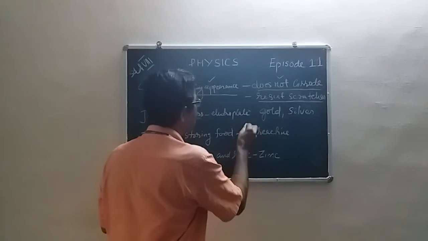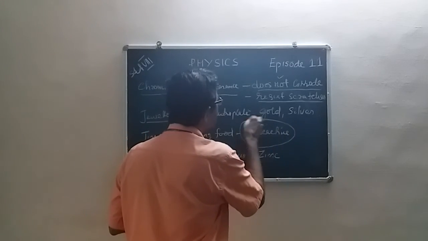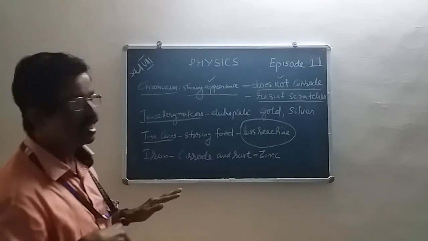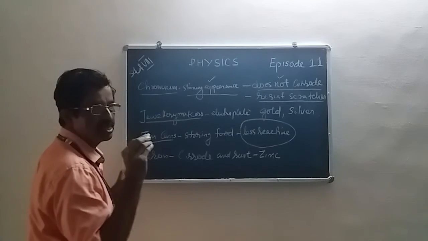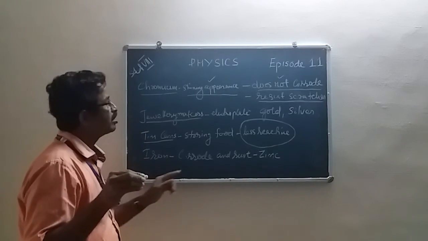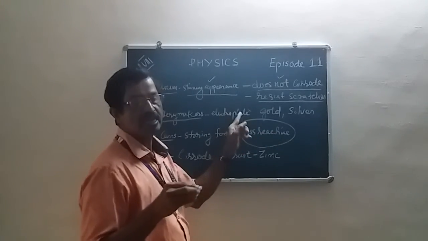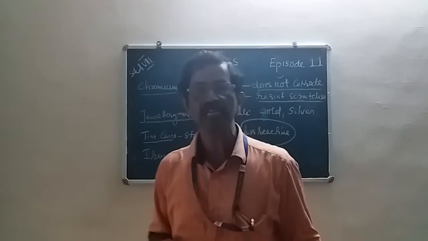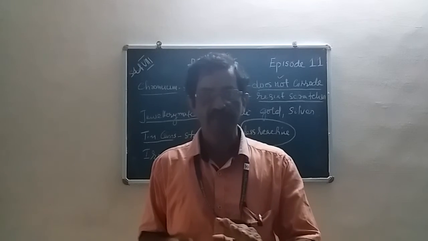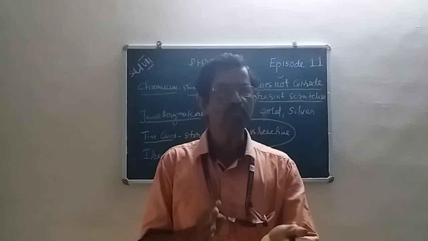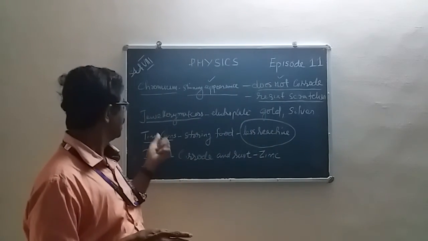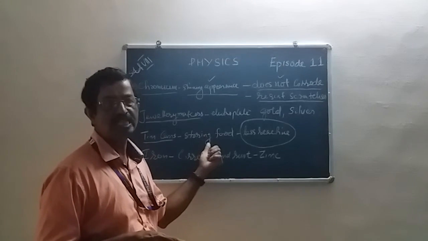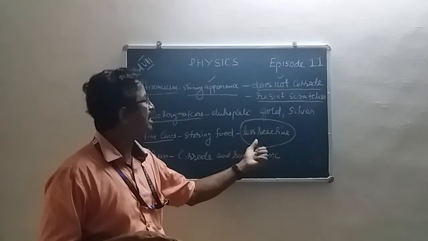Tin is less reactive than iron, so the food material does not come in contact with the iron inside. The outer covering is tin, so the food inside does not come in contact with the iron.